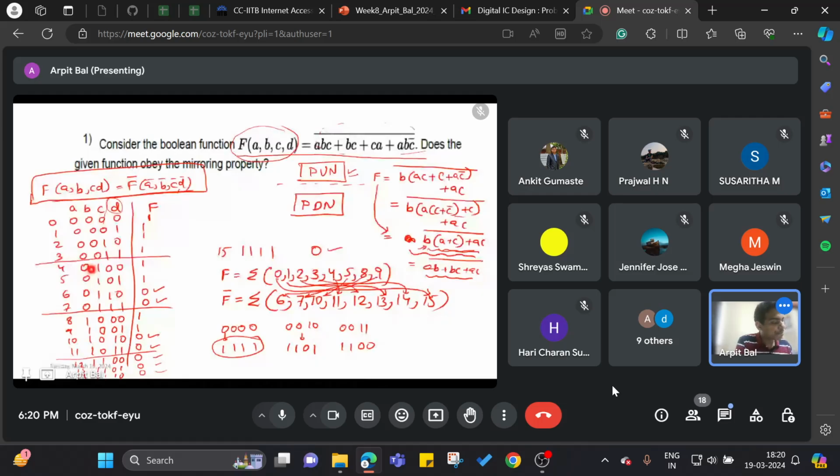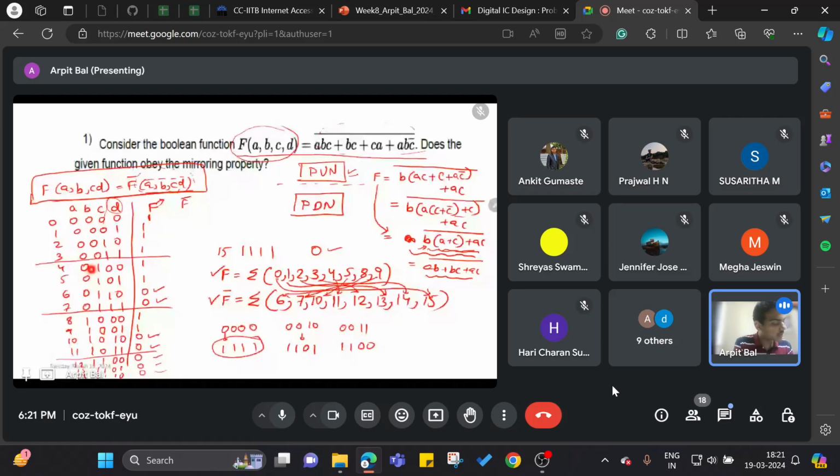First construct the truth table and get the values for f. Then you figure out the equation for f. Similarly, you figure out the equation for f bar. Then you need to check this particular condition.